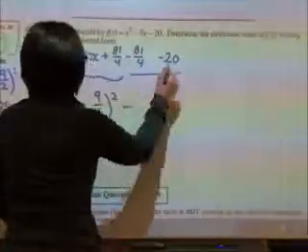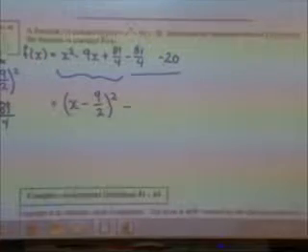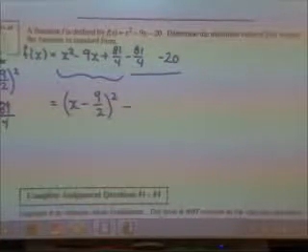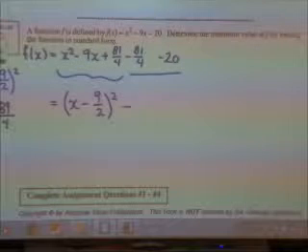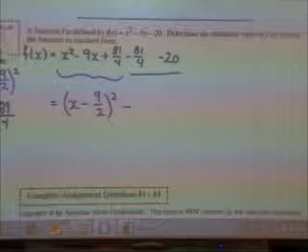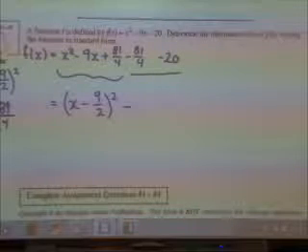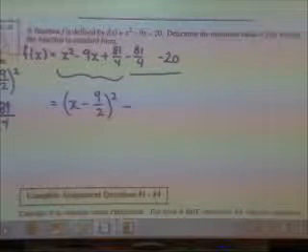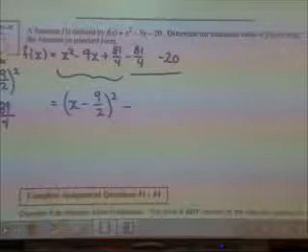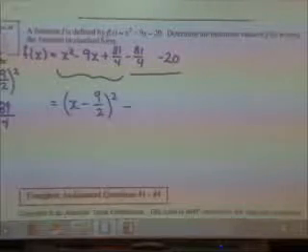So how many quarters are in negative 20? So in 1, there'd be 4 quarters. In 2, there'd be 8 quarters. In 3, there'd be 12 quarters. So in 20, how many quarters would I have? 80.